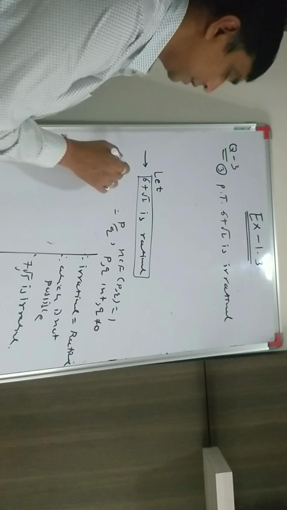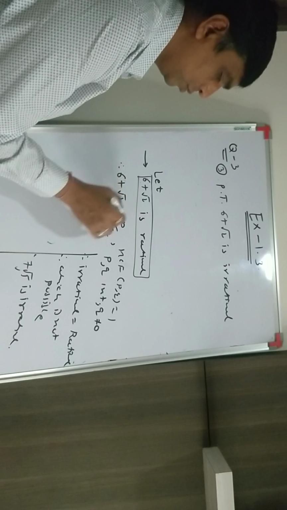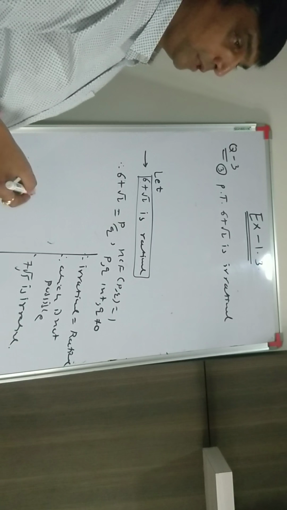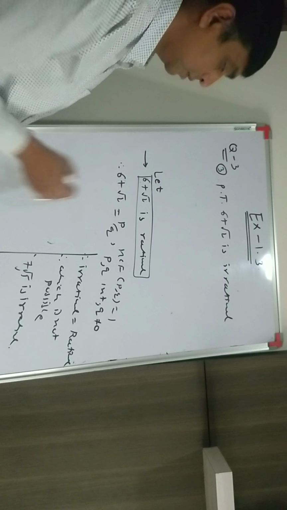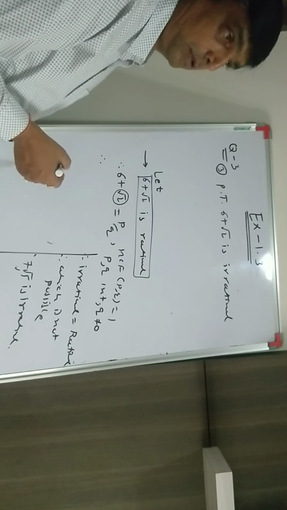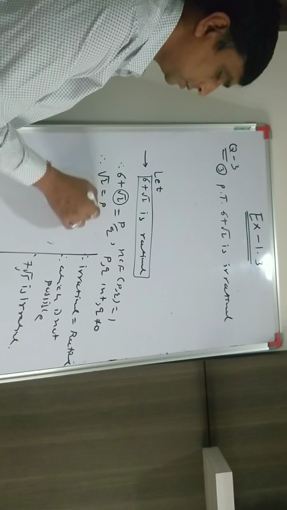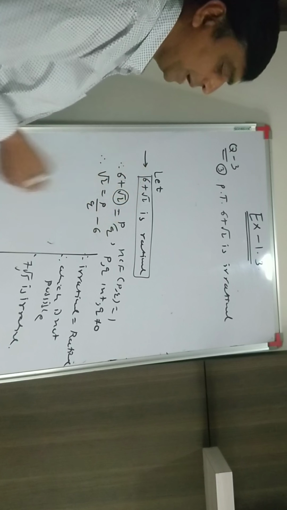Therefore it can be written as 6 plus root 2 equals P upon Q. We know that root 2 is irrational. Make root 2 the subject. So root 2 equals P upon Q minus 6.